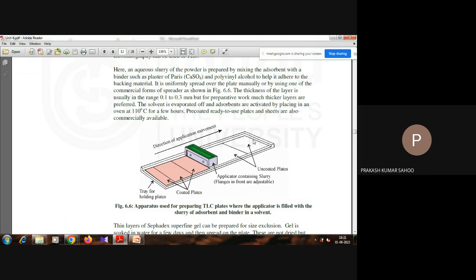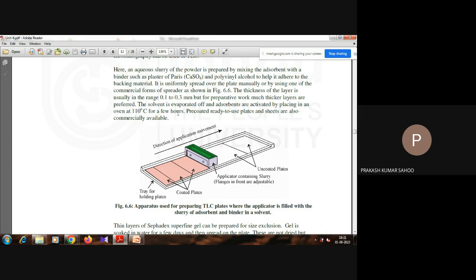After some time we will have a film-like or plate-like structure, which is very much used for the thin layer chromatography experiment. The thickness of the layer is 0.1 to 0.3 millimeter. The solvent is evaporated off and the adsorbent is activated by placing in an oven at 110 degrees centigrade for a few hours. Pre-coated ready to use plates and sheets are also commercially available.